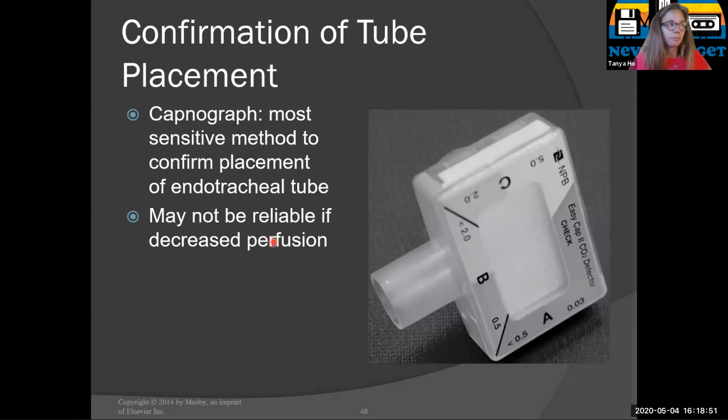Anyway, you use it in addition to your other things. That's important. Know that capnography relies on having enough perfusion to the lungs in order for the CO2 to diffuse out and to be exhaled out to register on whatever device.